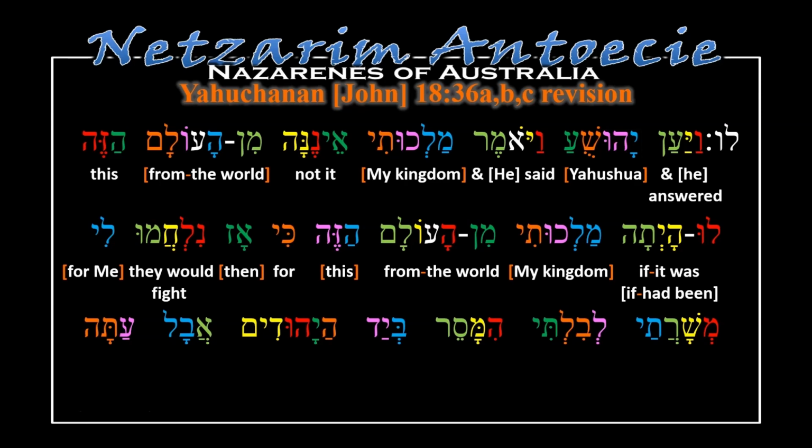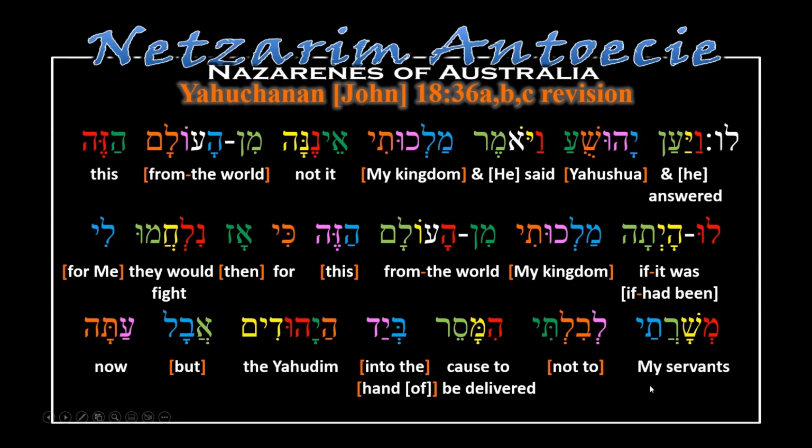Not himaser, which is cause to deliver, beyad, in the hand of ha-Yehudim, the Jews, aval, but, ata, then, or now, right? My servants, not to cause to be delivered into the hand of the Yehudim, but now.